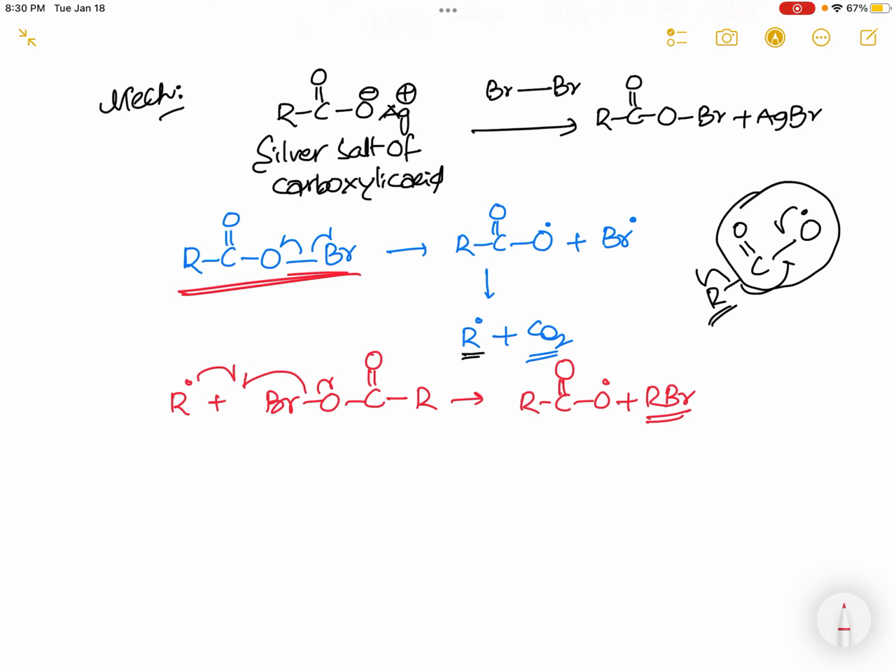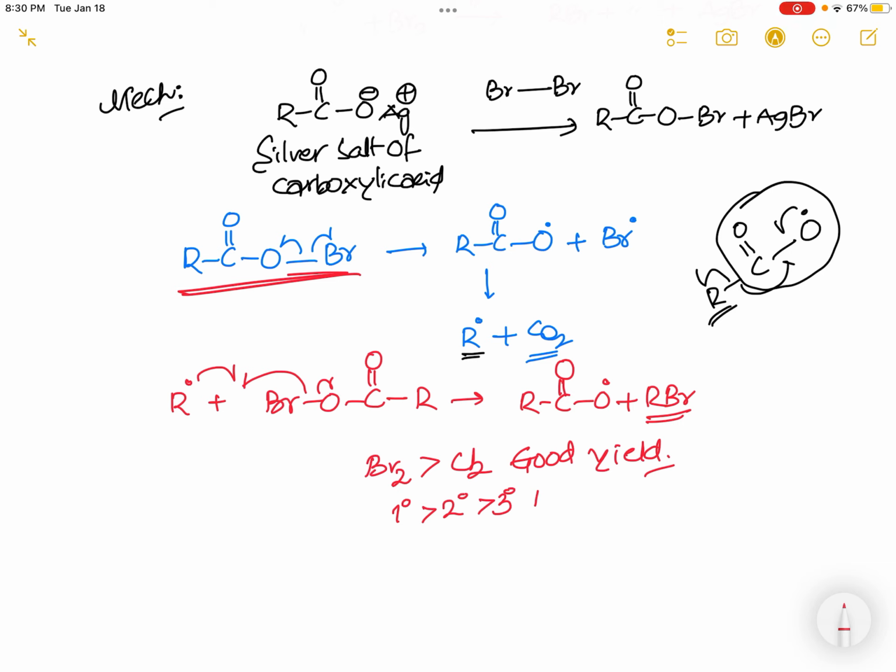This is the mechanism, when the silver salt of a carboxylic acid is treated with bromine or chlorine. In this reaction, bromine gives a very good yield. For the preparation of bromides, this is a wonderful method. And primary alkyl halides are better than secondary, better than tertiary.